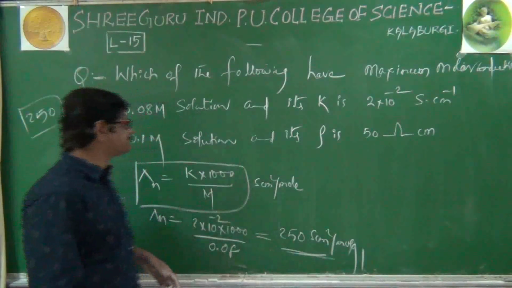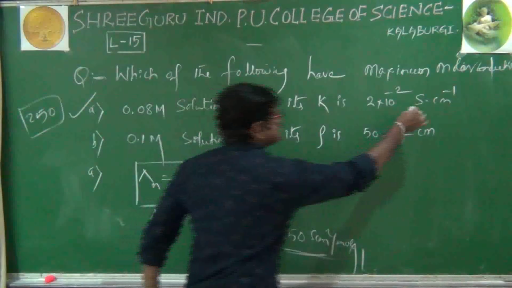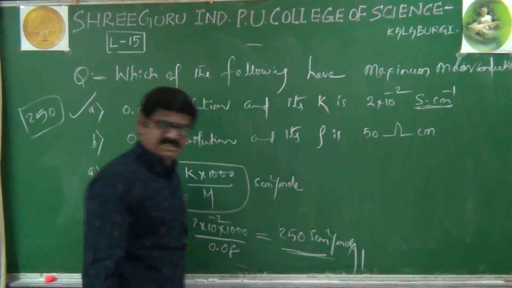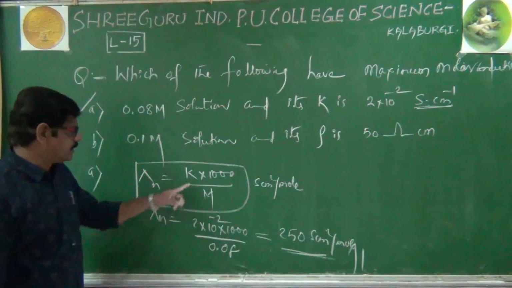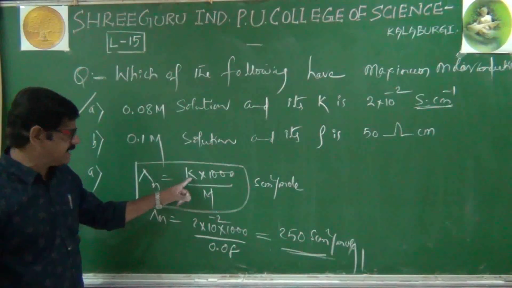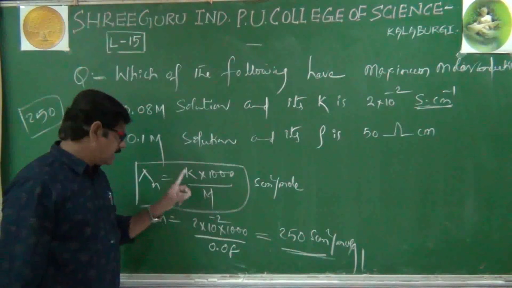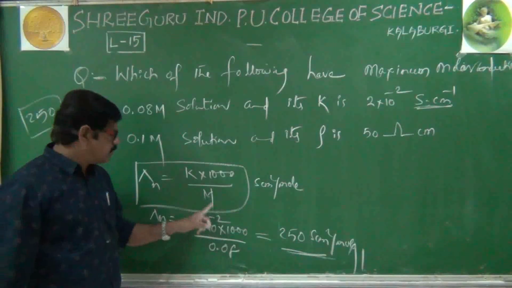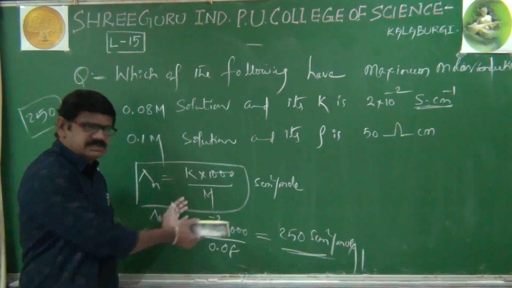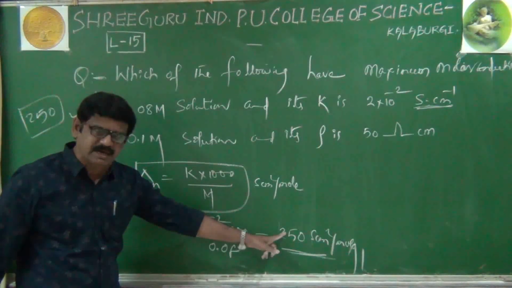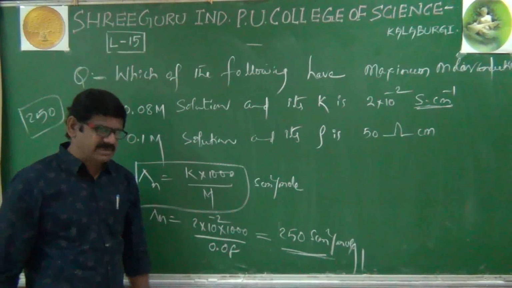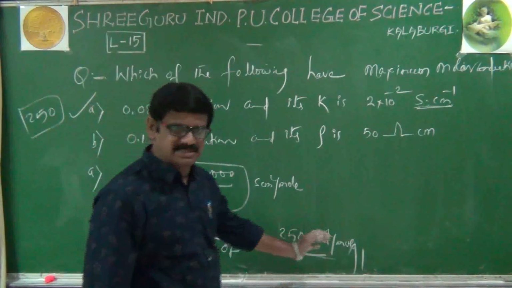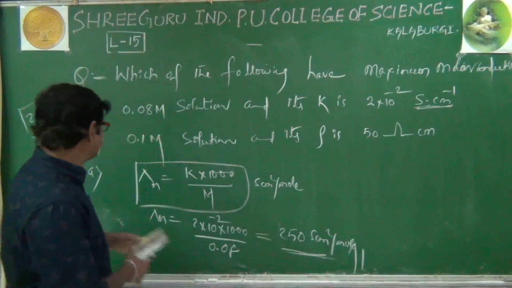But before that, once again, k units Siemens per centimeter is nothing but the CGS system only. Therefore, the related formula I have selected is k into 1000 by M. The k value is already given in the question directly, and 1000 only. Molarity is also given directly. You just have to substitute, and if you do the calculation, you will get 250 Siemens centimeter square per mole as the answer. Now we'll go to the second question.